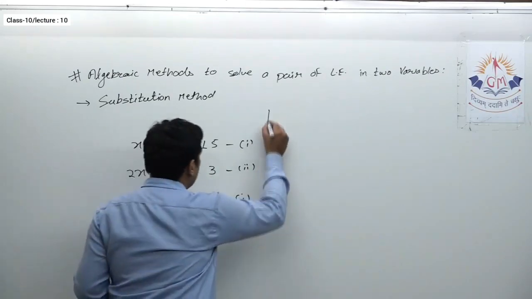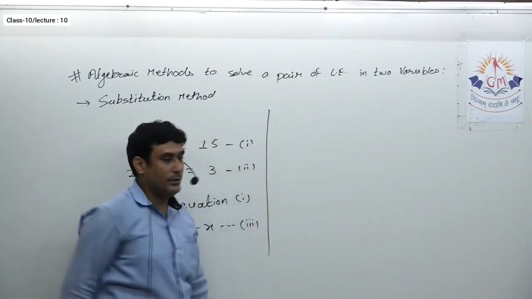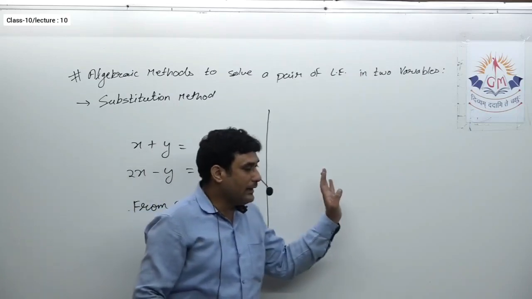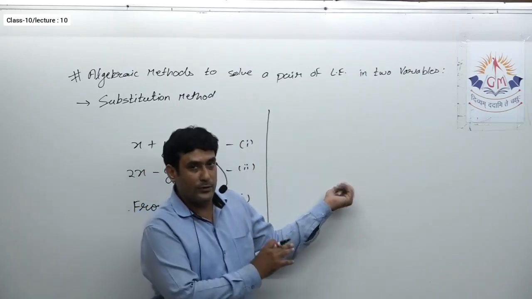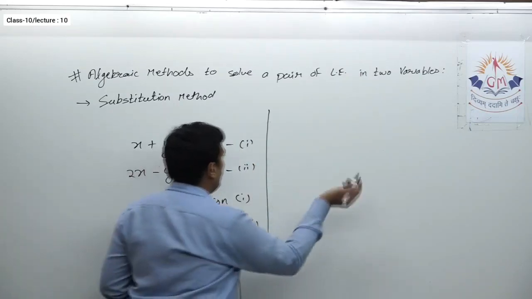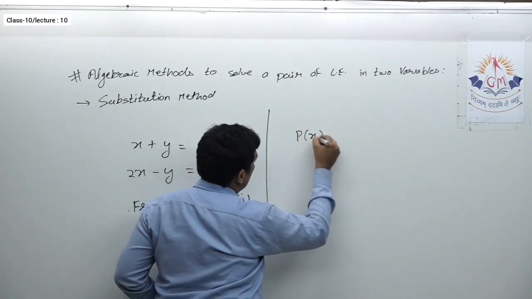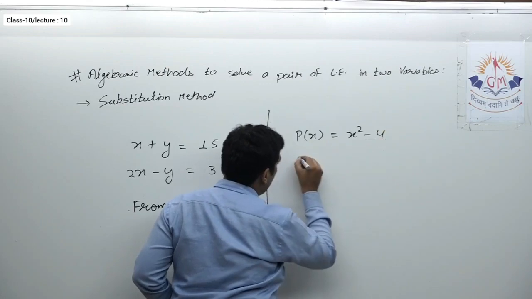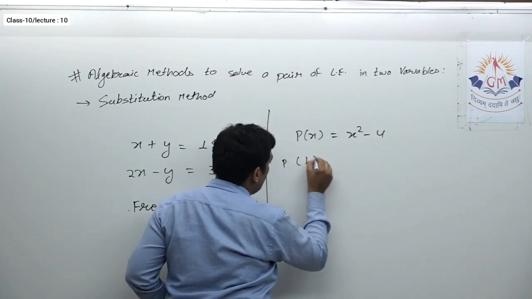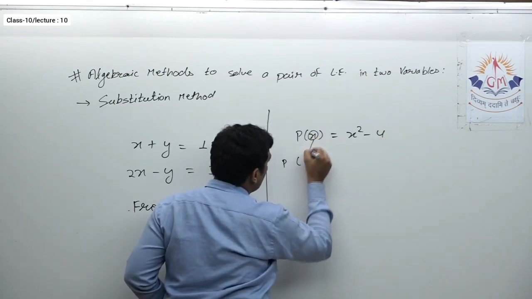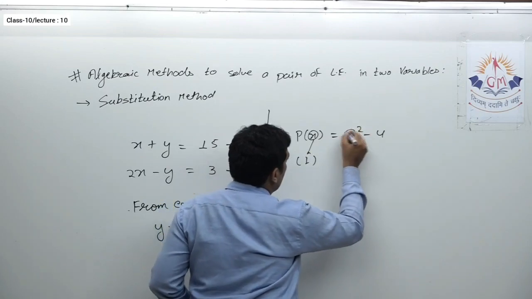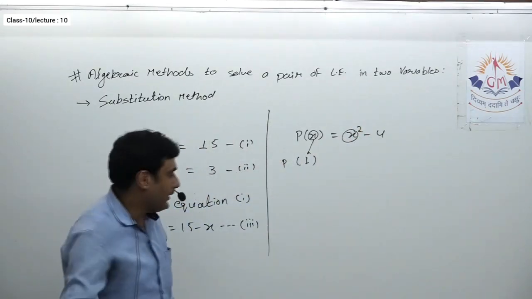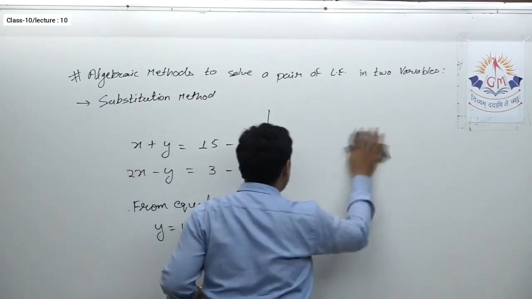Now after obtaining this, you have to substitute. The term substitute itself says that we have to remove one thing and put another thing in its place. For example, we saw in polynomials, if the polynomial is x square minus 4, then how do we find p(1)? Simply, we substituted x by 1. That means wherever x was there, I kept 1 in its place. So that was substitution. Here we have to do the same thing.